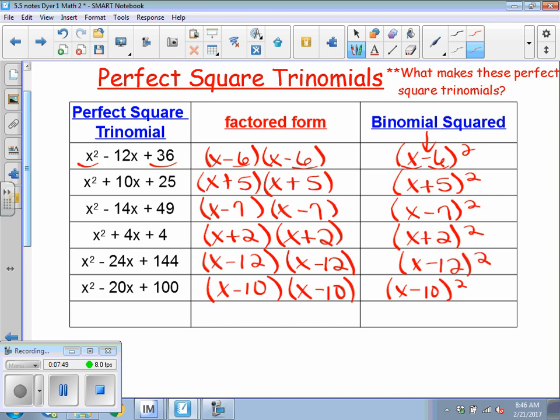Now, what I want you to do is recognize the relationship between B and C. What is the relationship between B and C? If you had B, but you didn't have C, how would you go from here to here? How does 12 relate to 36?